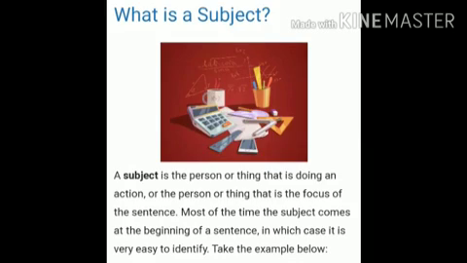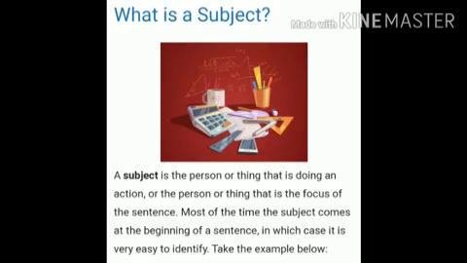In another way, we can also see what is a subject. A subject is the person or thing that is doing an action, or the person or thing that is the focus of the sentence. Most of the time, the subject comes at the beginning of a sentence, in which case it is very easy to identify.